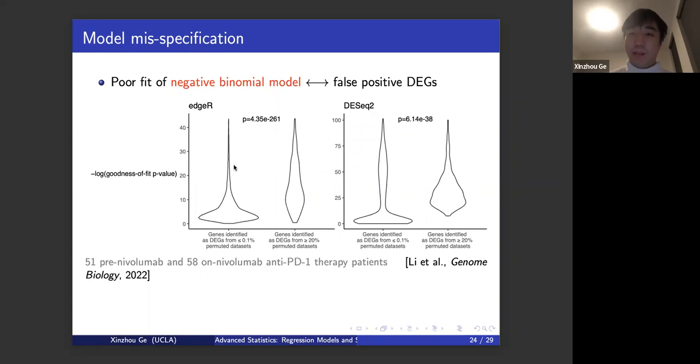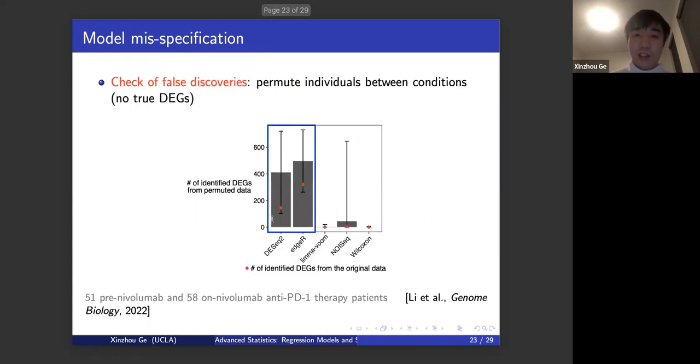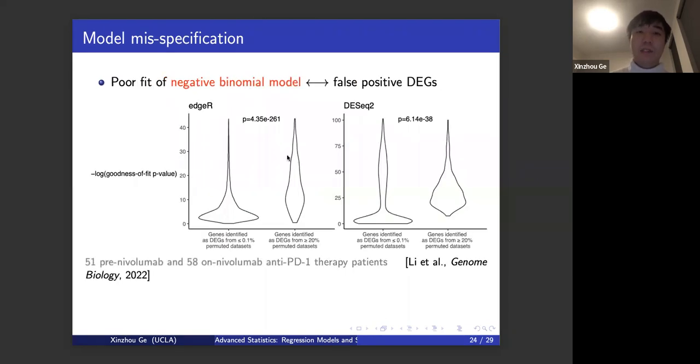If the p-value is large, it means that the model is good. So here we find that if we compare the genes that are identified as DE genes from permuted datasets and other genes, you can see that for these genes, which are frequently identified as DE genes on permuted datasets, they have smaller p-values.